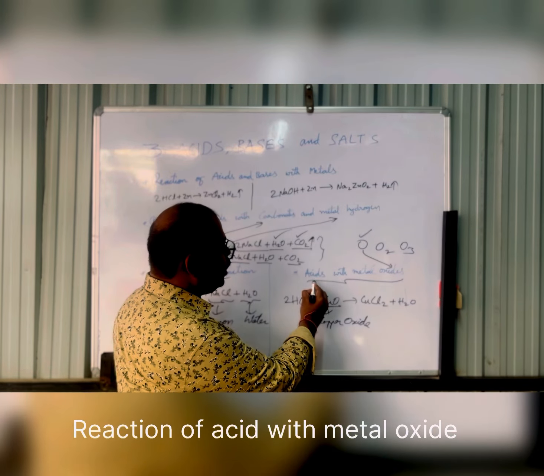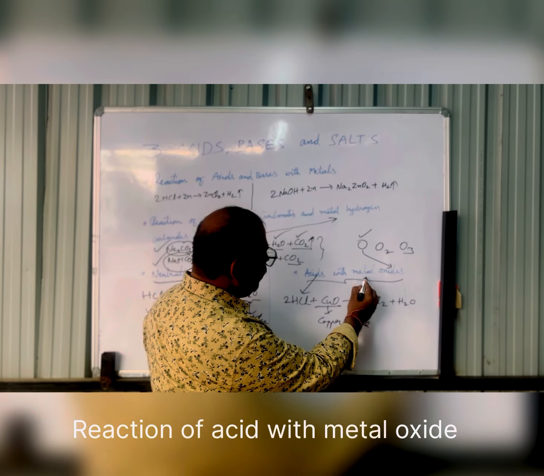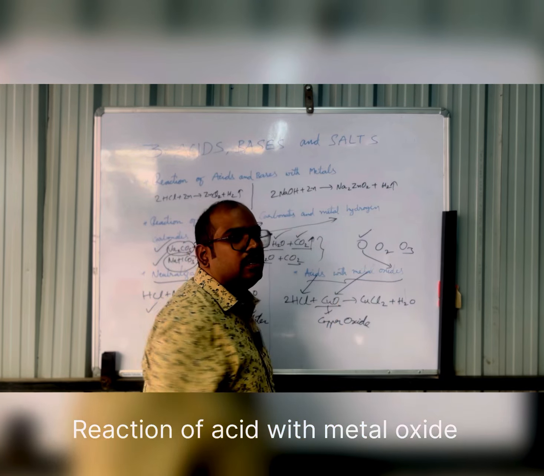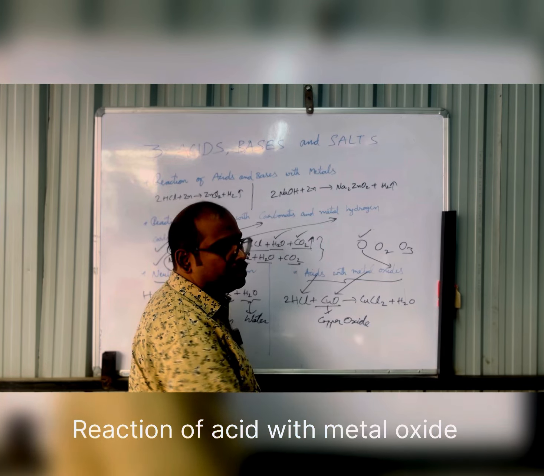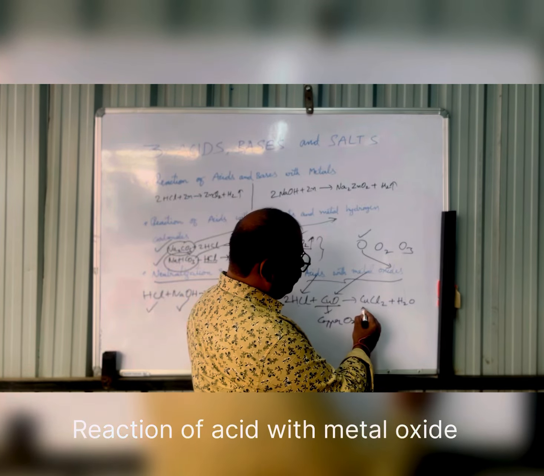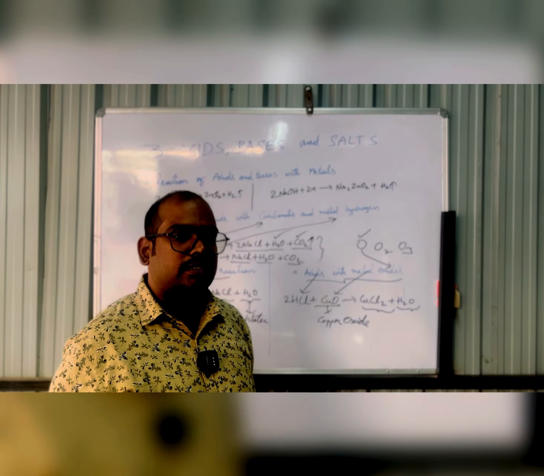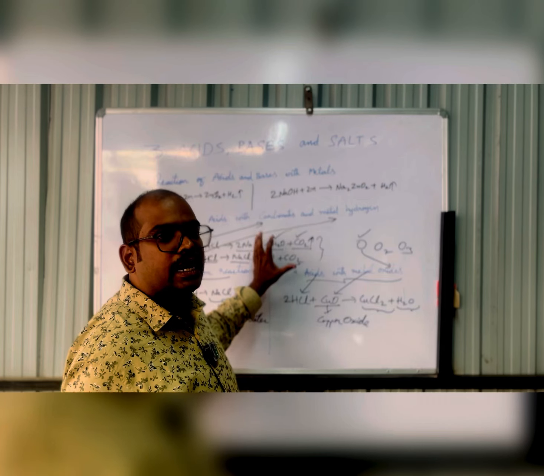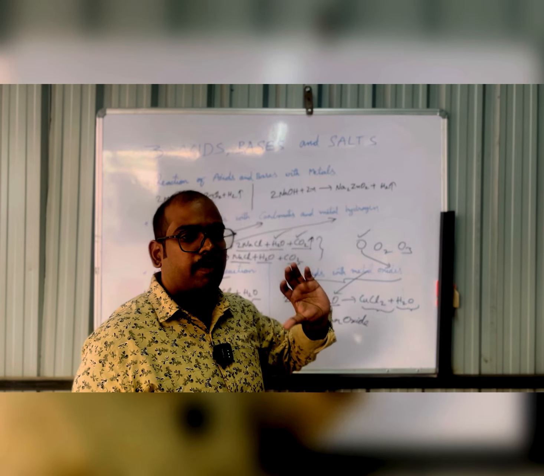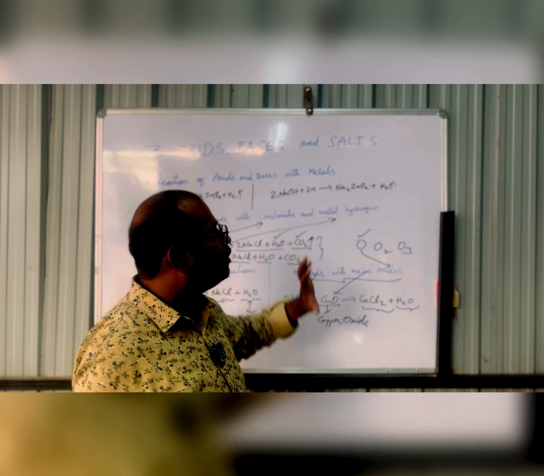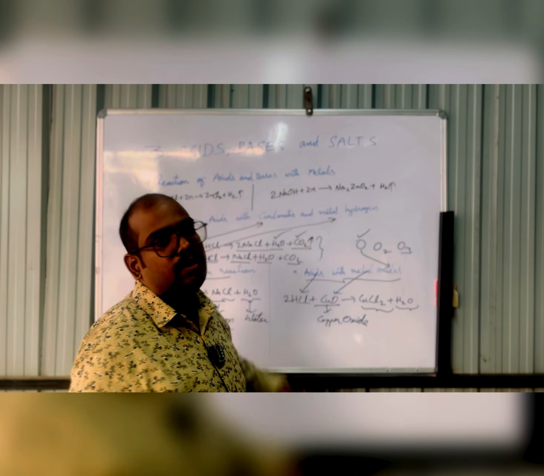The acid here is HCl, hydrochloric acid, and the metal oxide is copper oxide. HCl reacts with CuO to give cupric chloride and H2O. These are the products. So first write all these reactions in a practice book, practice the reactions, and once you practice the reactions, you can write the answers accordingly.